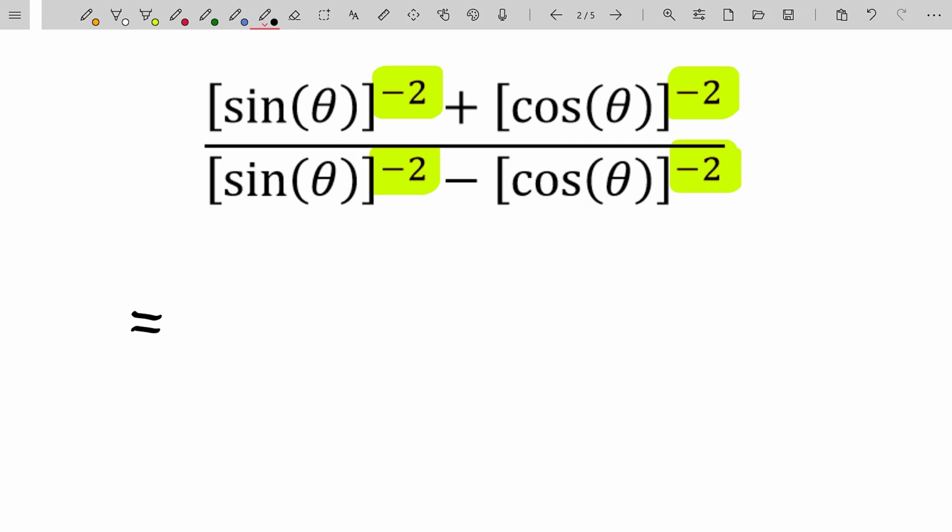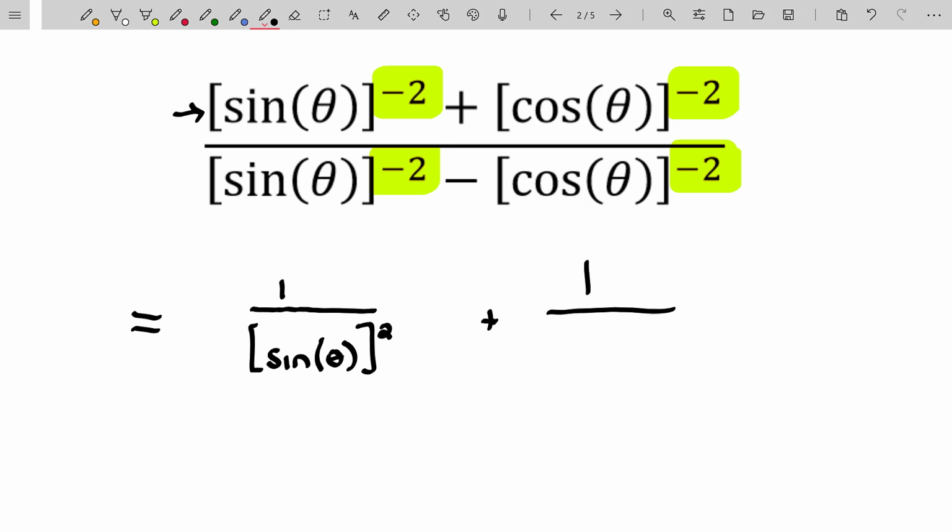So this sine of theta can be written as 1 over the sine of theta, quantity squared, and the next one as 1 over the cosine of theta, squared. Since you've had trig, you know this is a silly way to write these. So instead, I'll write this as sine squared of theta, and the other as cosine squared of theta.